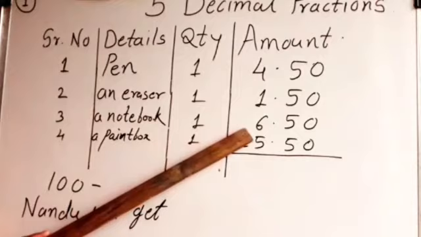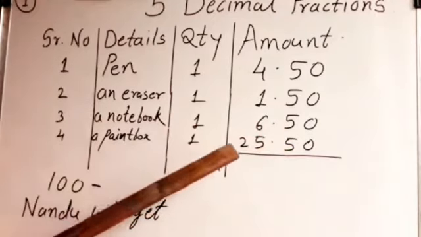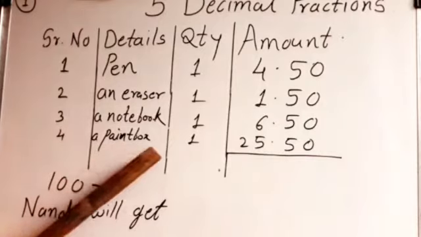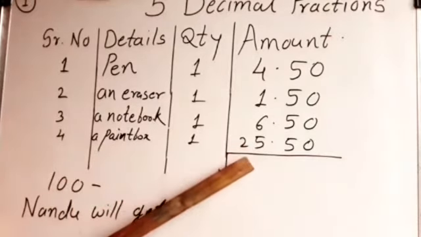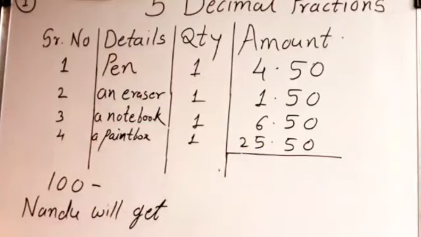So what is the cost of that? 6 rupees and half. Half means again 50 paisa. So 6.50. Then next he brought a paint box, 25 rupees and 50 paise. So he brought one paint box. What is the cost of that one paint box? 25 rupees and 50 paise.